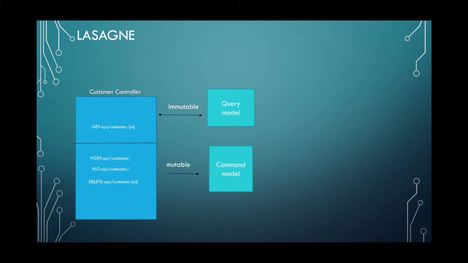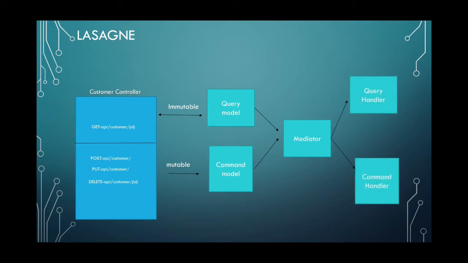Right, so now we have this typical lasagna which we saw, where the models have been divided into query and command. Now it's time to solve the zigzag. So let's see how this is going to be solved. First, the query and command are encapsulated into a mediator. And this mediator talks to the respective handlers. In this case, it's going to talk to a query handler and a command handler. So there's no zigzag here. If you see, it's all well structured.